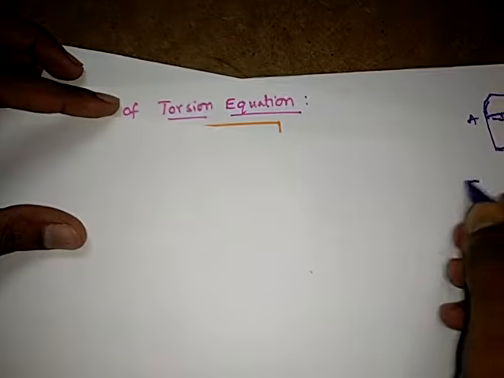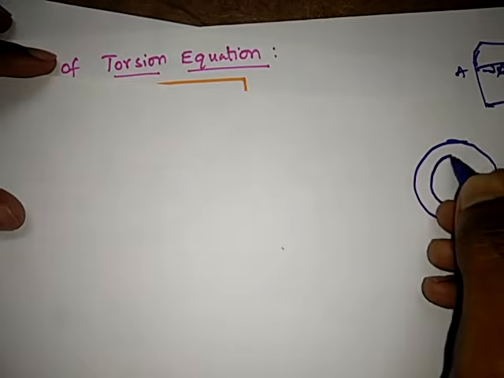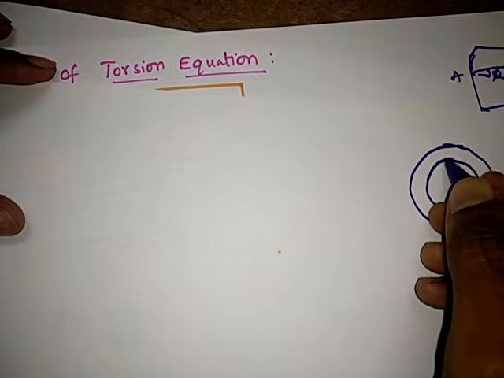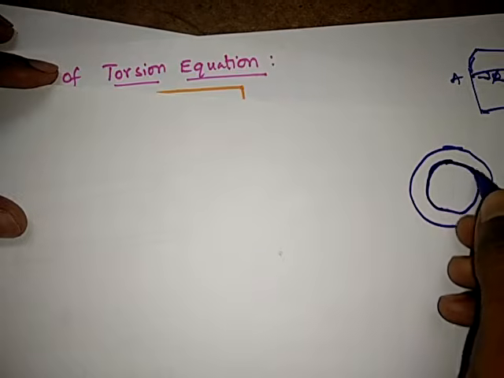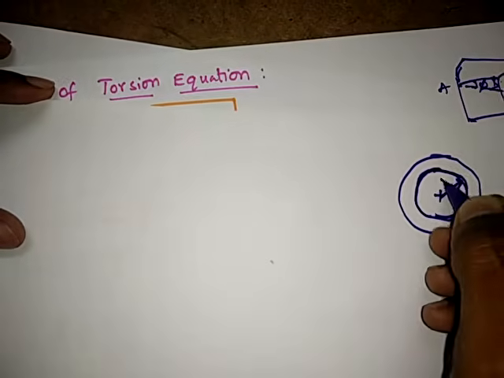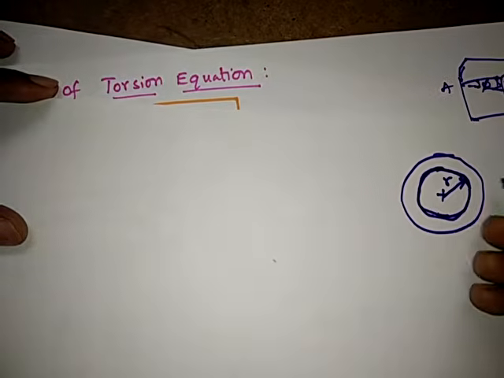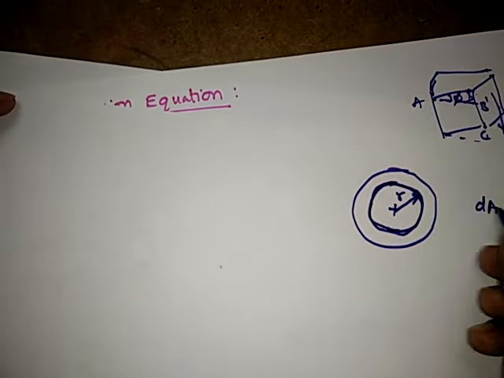let us consider a small differential layer on the shaft which is at the radius of small r, and the area of this differential element is dA.